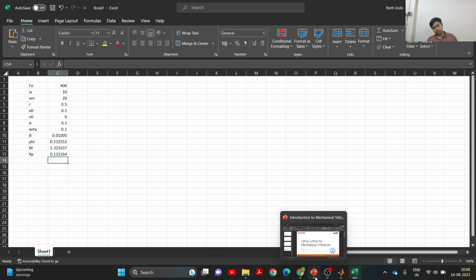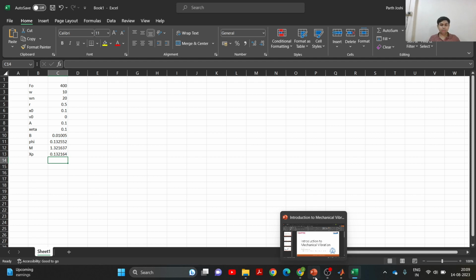So we can say that g is 9.81, and delta static is 0.5 into 10 to the power minus 2 meters. So we can find out the value of K basically.